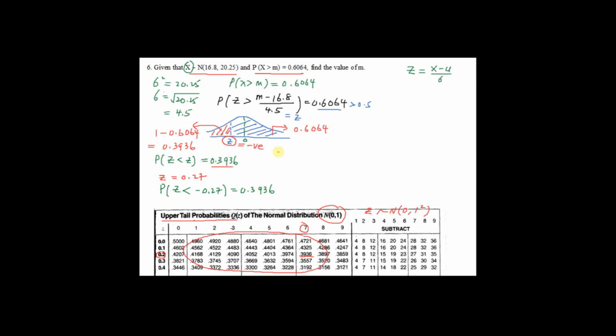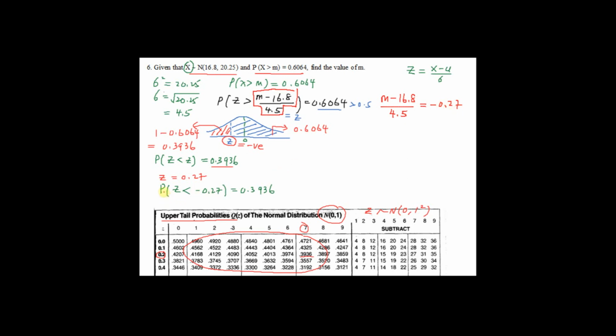Now you can proceed to find the value m, because we know that m minus 16.8 over 4.5 equals negative 0.27. That's the z-score that we just found. Some students may ask why I can directly put this as negative 0.27. Look at it carefully here.